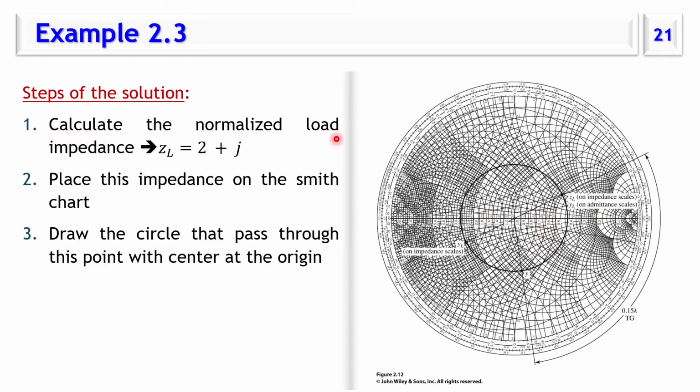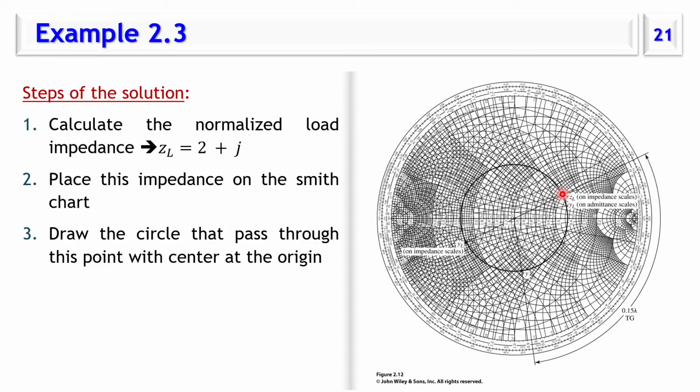So we calculate the normalized load impedance, which is 2 plus j1. If we go on the circle of 2, it would be this circle. 1 is this curve, so we'll find ZL on the impedance scale. So this is ZL. If we want to calculate input admittance, we have two ways.